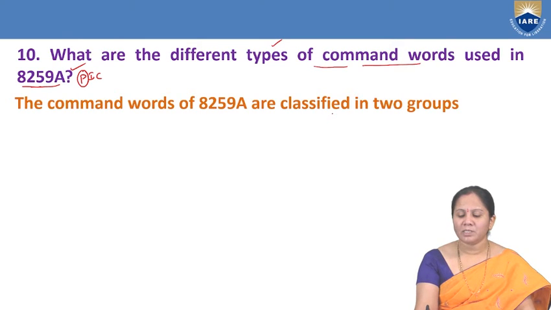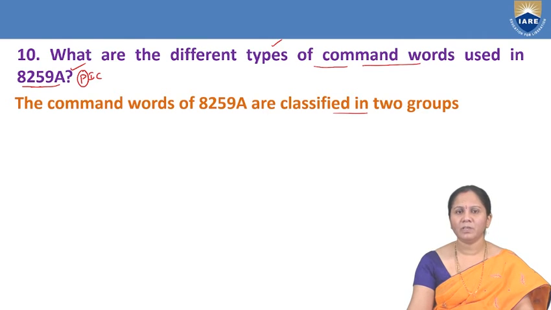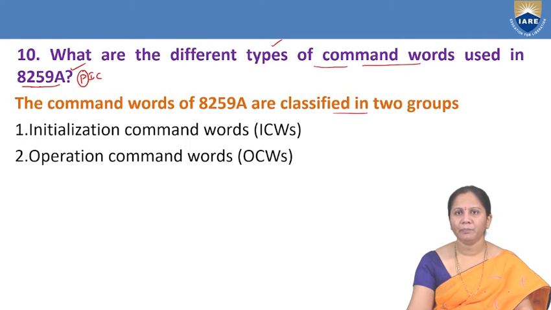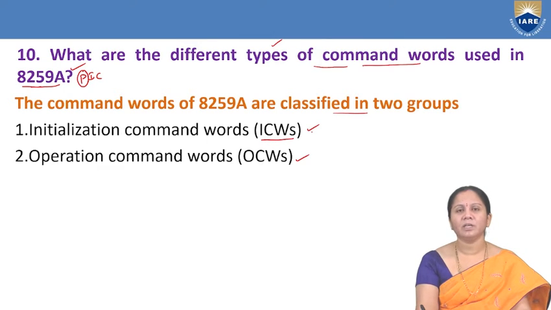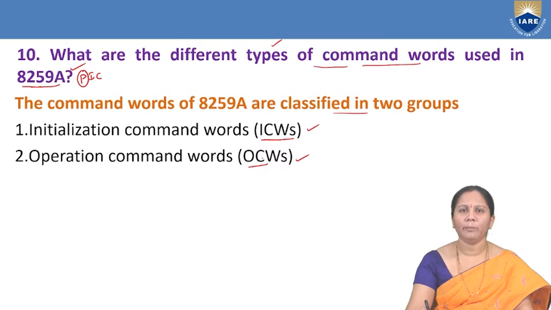The command words are classified into two groups: ICWs and OCWs. ICW stands for initialization command word and OCW stands for operation command word.